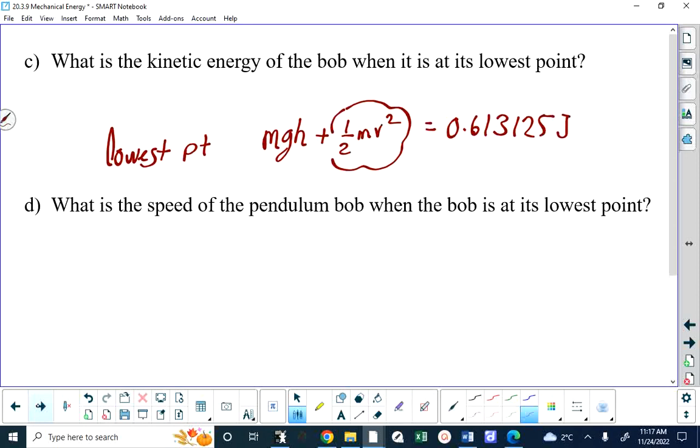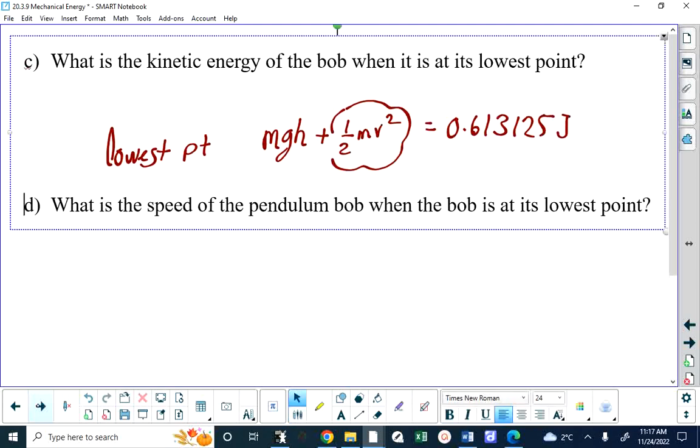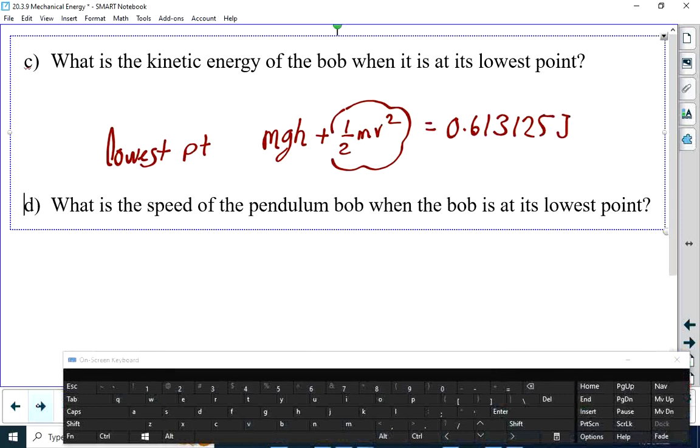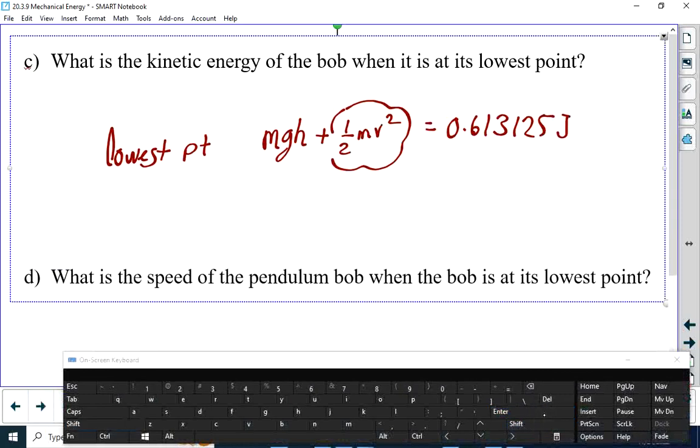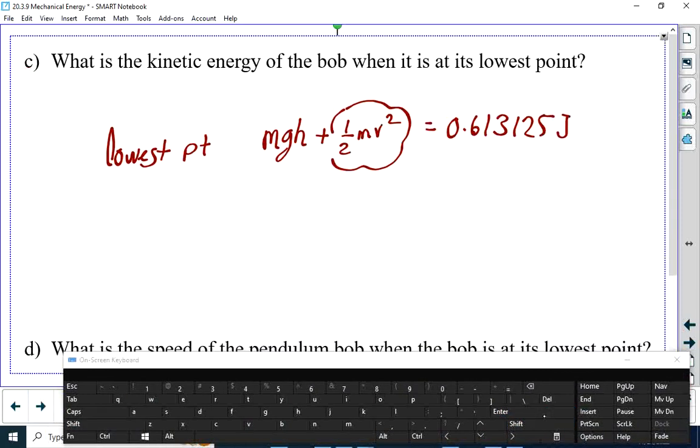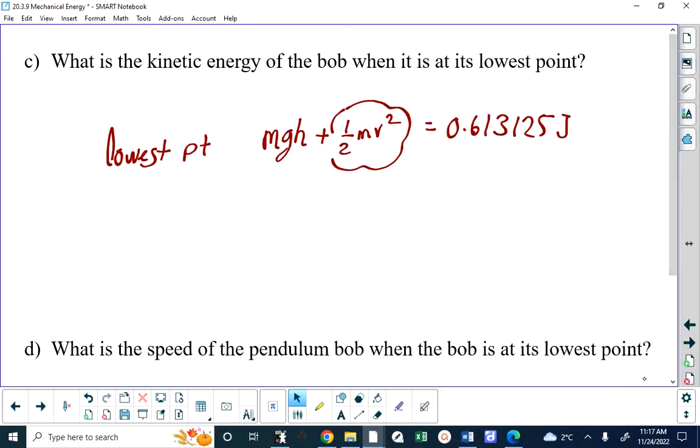So what we need to do, let me just give myself a little bit more room here, is calculate this. This will be the mass, 0.25 kilograms, times g, which is 9.81 newtons per kilogram, times 0.05, 5 centimeters.